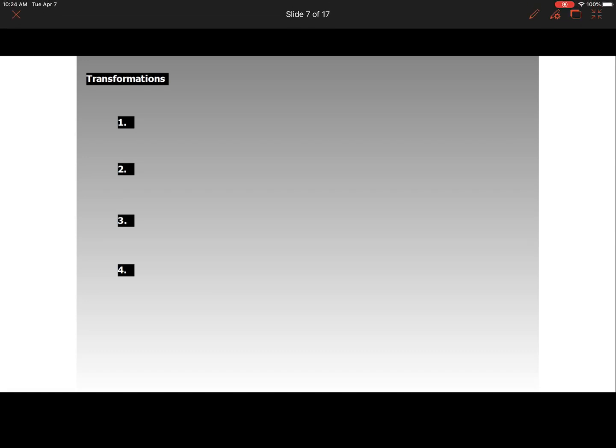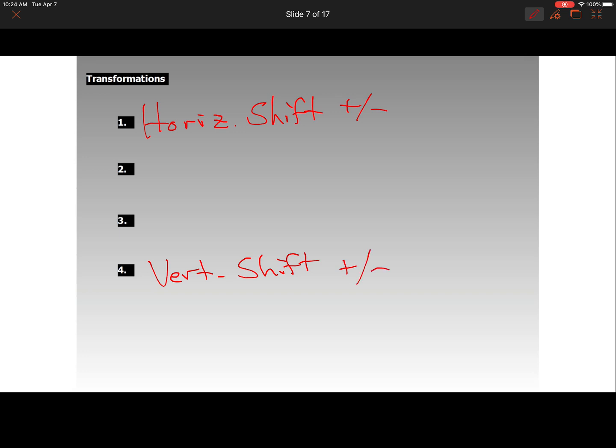So first off, let's go back and do a real quick review over our transformations. It's a shift sandwich, so we have horizontal shift first, vertical shift last. Both of these deal with addition and subtraction. It depends on where the addition and subtraction occurs. If it's inside, then it's a horizontal shift and it's counterintuitive.